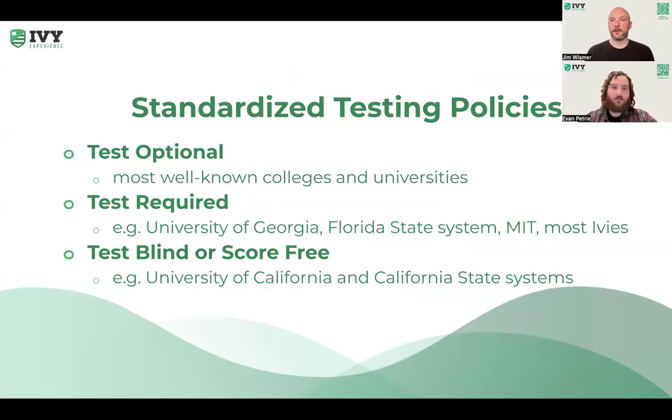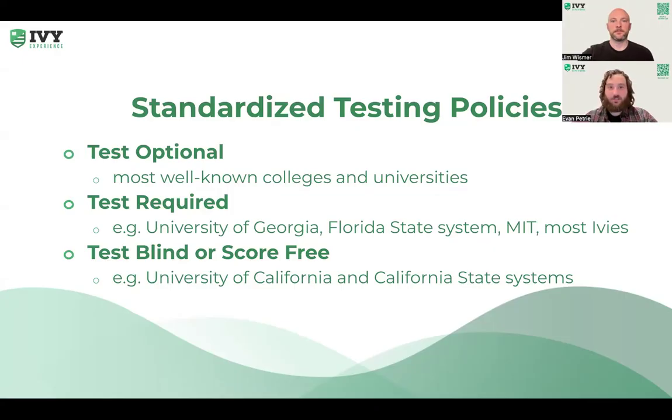Most colleges nowadays are test optional. That means that when you submit your application to the college, you are not required to submit standardized test scores with that application. Test required means the opposite. You are required to submit a test score for your application to be properly considered and reviewed.